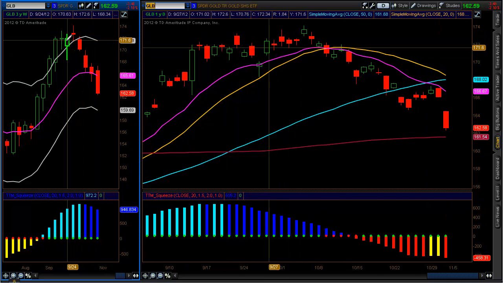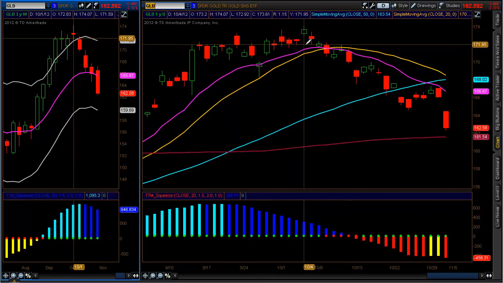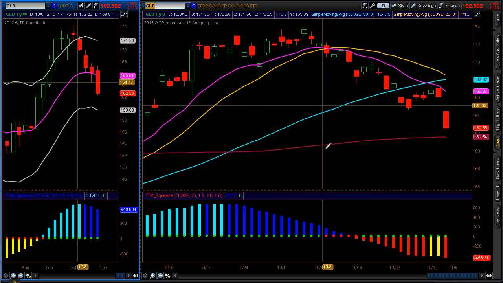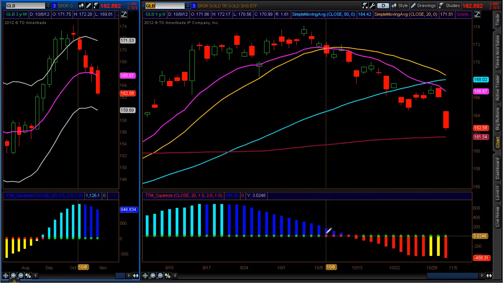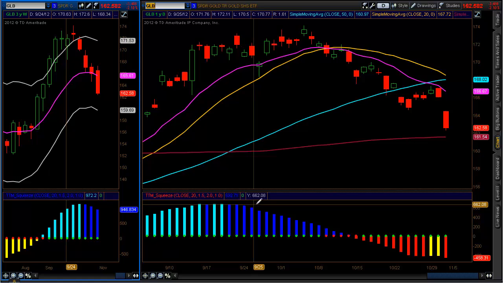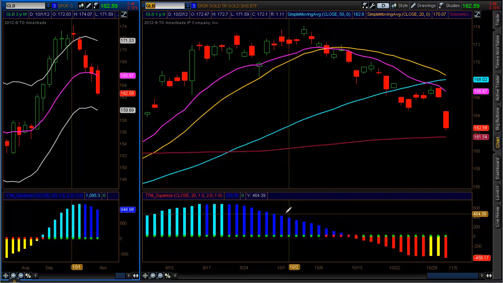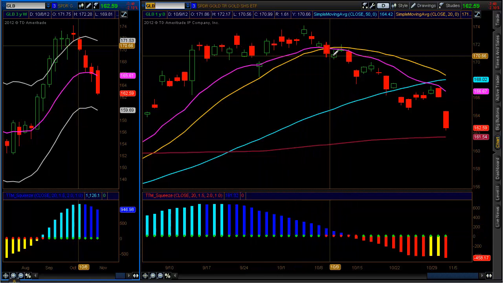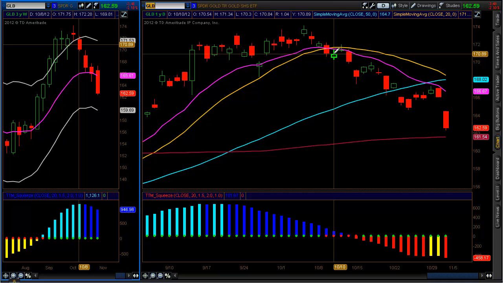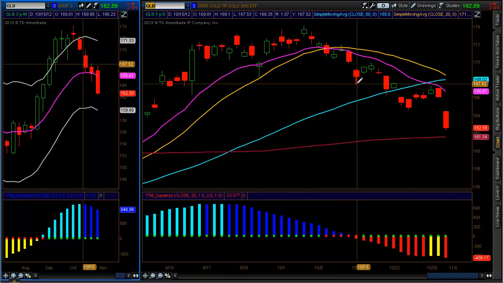You're getting a rollover in the weekly chart, moving averages are rolling over, and more importantly you're in a daily squeeze here, and that daily squeeze is looking to fire short. So this thing is moving lower. So we entered the short trade here on the 10th, and a few days later we got a 60% gain on our gold puts, GLD puts.